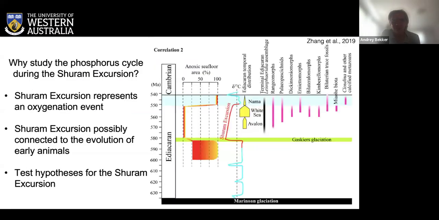So probably the Shuram excursion should be shorter based on El Neroni ages and so on. Yeah, I think this figure is probably a bit out of date now. But still a lot of work needs to be done on determining the length and timing of the Shuram excursion.